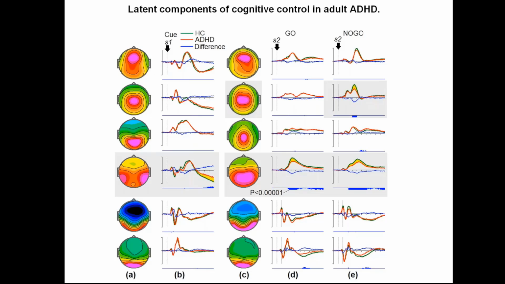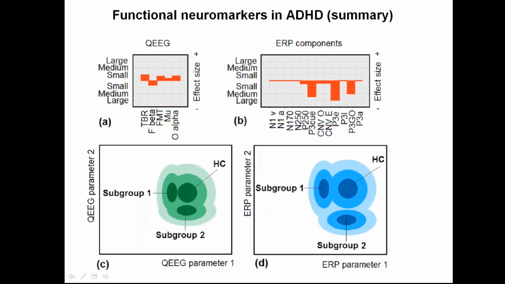And again, you can see that there are two different problems. One is a parietally distributed problem. The other one is a frontally distributed problem.